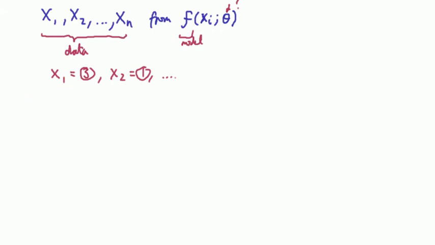Okay, now to write down the likelihood. The likelihood is a function of the parameter, and we define it like this. It is the joint PDF of all n observations.